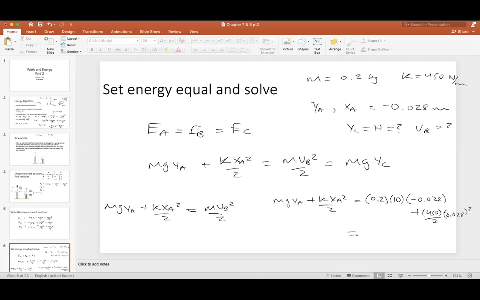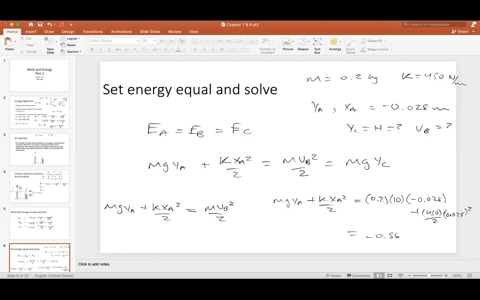And this is 0.2 times 10 times 0.028 with a negative sign. So this is negative 0.56, right? And then plus 450 divided by 2 is 225 times 0.028 times 0.028. And yeah, they're negative, but the negative signs cancel.